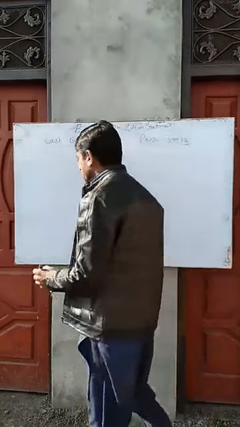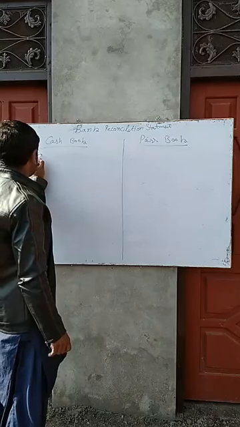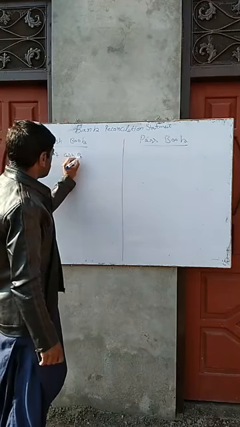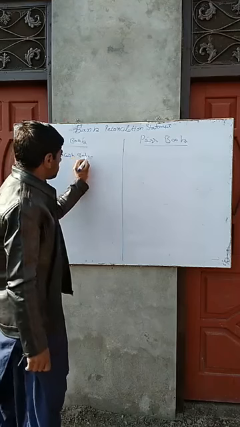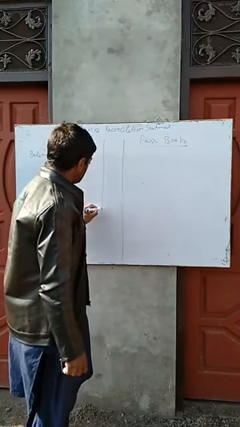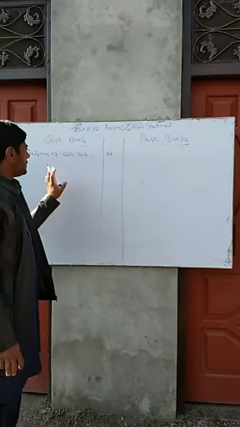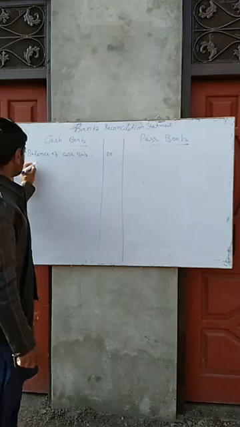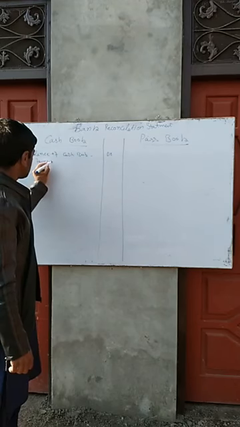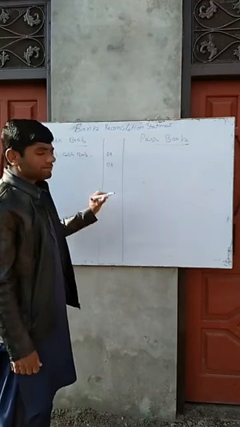So let's suppose the cash book balance is normally debit balance. If favorable is mentioned, it also means debit balance.